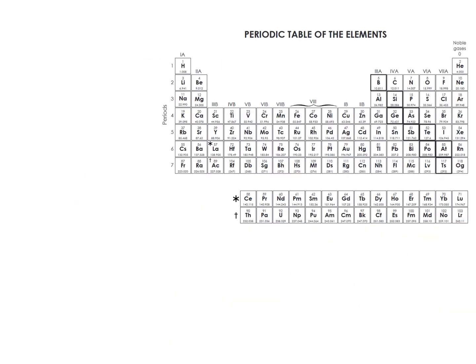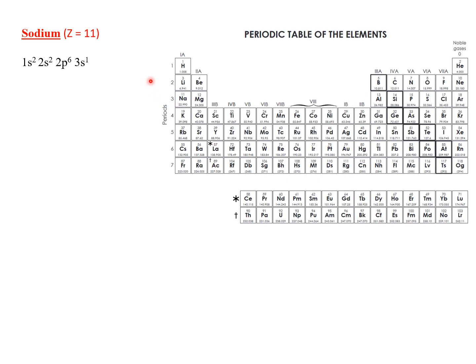Let's see how to write the configuration with examples. The first one, sodium. Sodium's atomic number is 11. You can see sodium is here in the third period, first element. If we write the long version of the configuration, it is 1s2, 2s2, 2p6, 3s1. Now, how can we write the noble gas shortcut? The first thing is you need to identify the previous noble gas to sodium. Sodium is in the third row, first element.